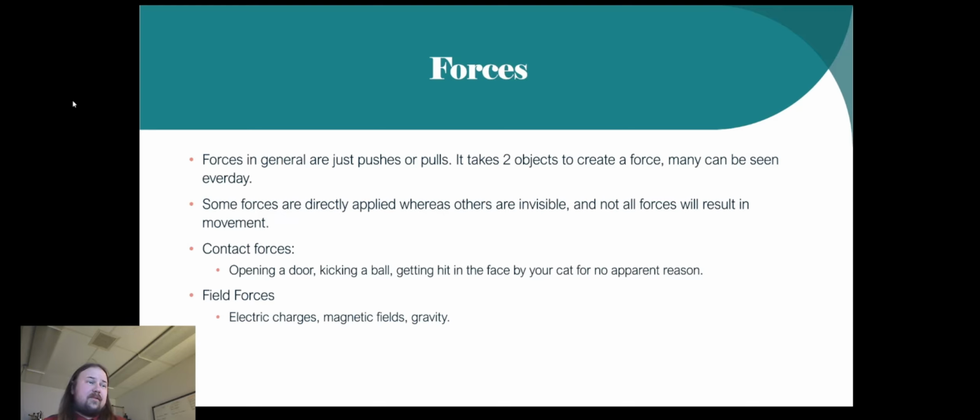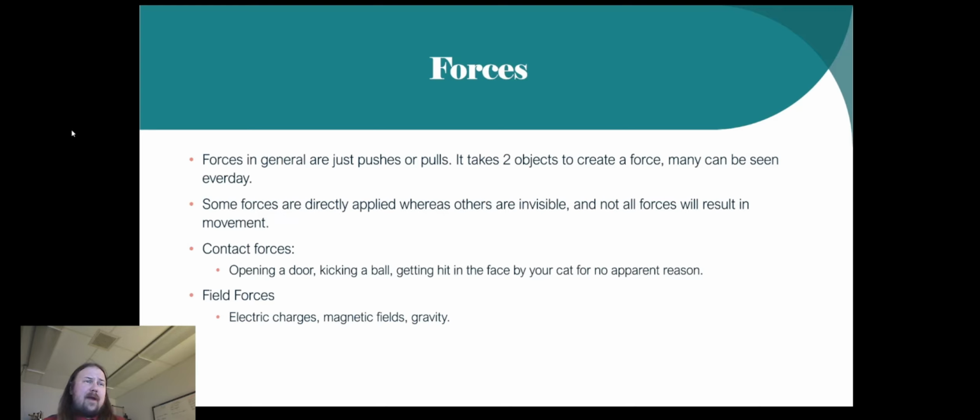Same thing with magnets. If you have magnets of opposite polarity, like a north and a south, those will be attracted towards each other. They also have repulsion, a push away from each other. If you put north on north or south on south, they'll be pushed away. Sometimes you see these in your life with fridge magnets or whatever.